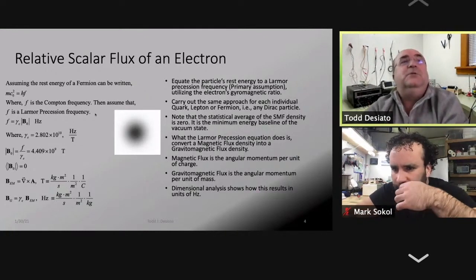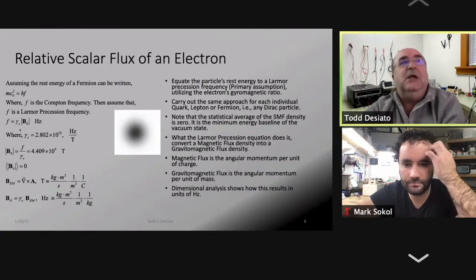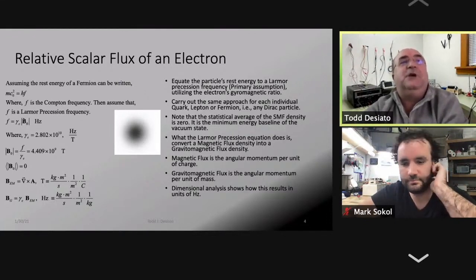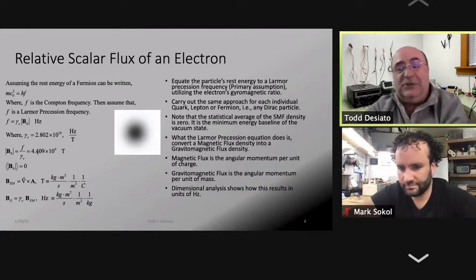So we assume that the frequency is the Larmor precession frequency, and then the gyromagnetic ratio times a scalar magnetic flux value gives us this frequency. And that gyromagnetic ratio is given to us as 28 gigahertz per Tesla. And so you back calculate to get the scalar magnetic flux density, which is about 4.5 billion Tesla at the scale of an electron. So that's where your G over c to the fourth comes from. It's a huge number. And that's the energy density in the zero-point field at that scale.